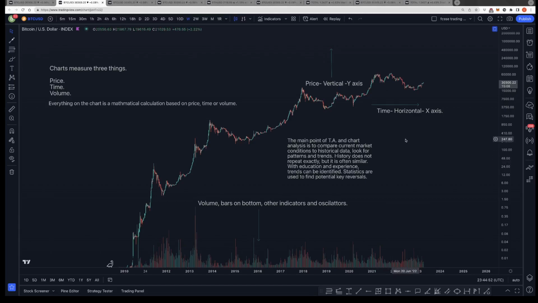And the more you do this, the more you look at these charts, the more you study them, the more you paper trade or actually trade, the more you get in the game and do this, the better you're going to be at it. Just like anything else, you play a sport or martial arts or whatever it is, the more you practice and study, the better you're going to get. And this is not an easy game.